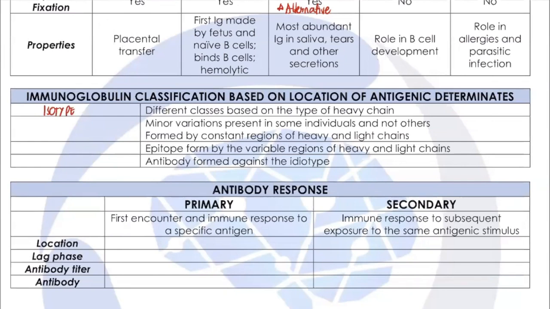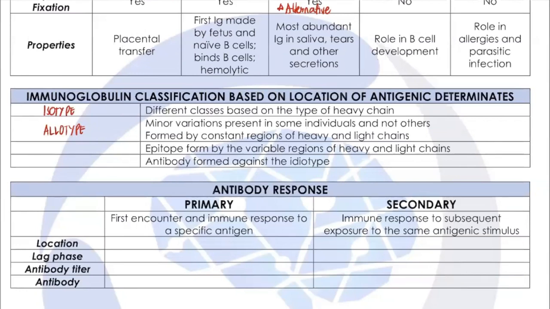Okay? Next, minor variations present in some individuals and not present in others. This is formed by constant regions of heavy and light chain. That would be allotype. Okay, allotype. Epitope formed by the variable regions of heavy and light chains.